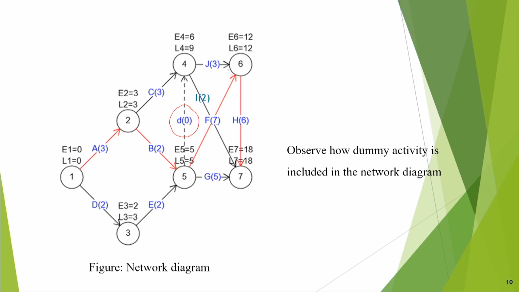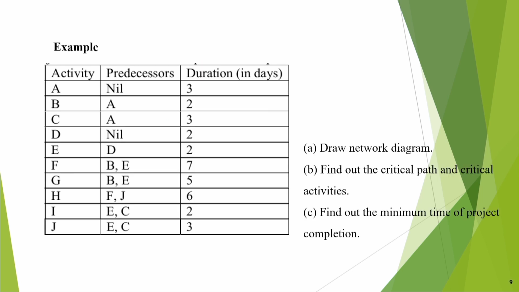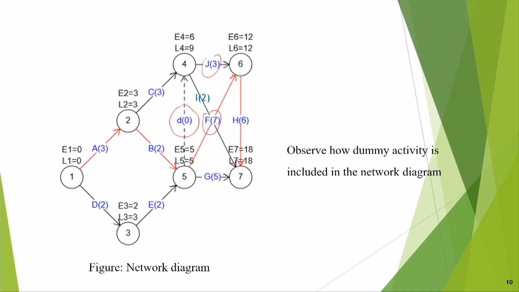So, this is F and this is J. Both are complete, and here they meet at event node number 6, and then only H starts. Yes, this is G. Fine. So, J can be completed if E and C are complete.